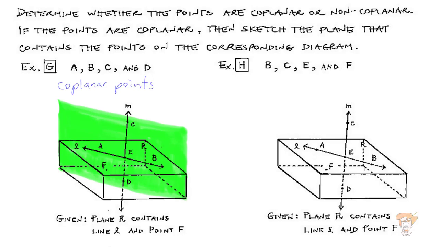In example H, B, C, E, and F cannot be contained by a flat surface. C, E, and F can be contained by a flat surface, but that surface would have to bend in order to contain B. Therefore, C, E, F, and B are non-coplanar points.